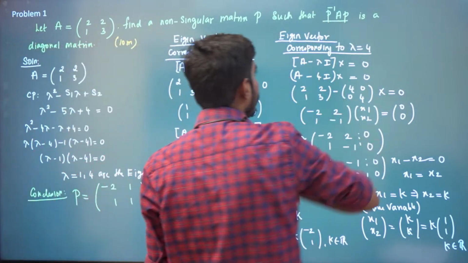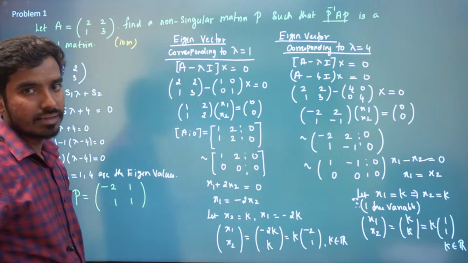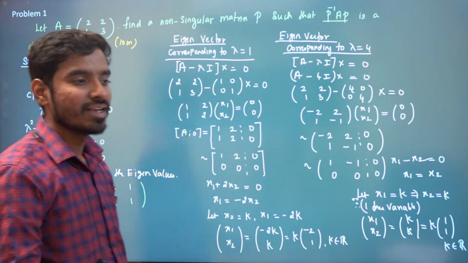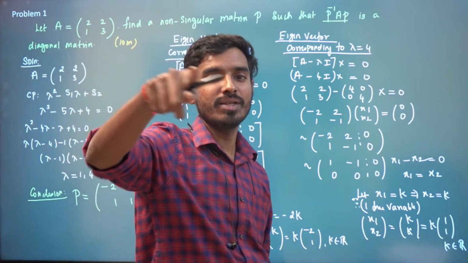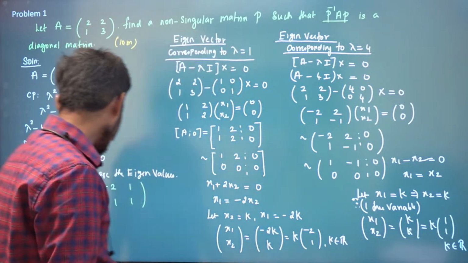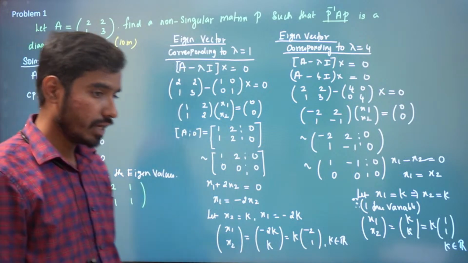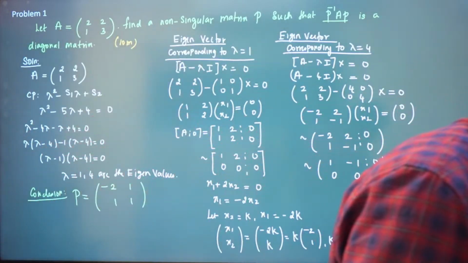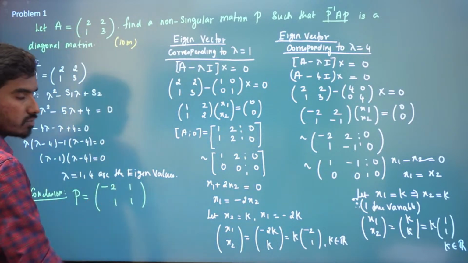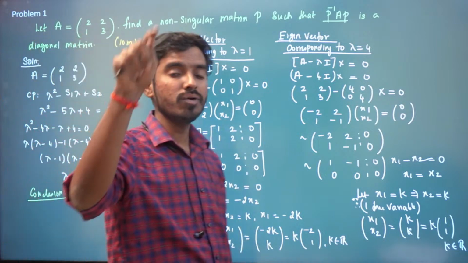If you want, you can also verify. You just find the value of P inverse AP. You know how to find the inverse for this matrix, and then you multiply A, you multiply P, and you will be getting a diagonal matrix. And the diagonal elements will be the eigenvalues. Check it out and comment. You just find the inverse for this matrix P, which is 1 by determinant into adjoint.